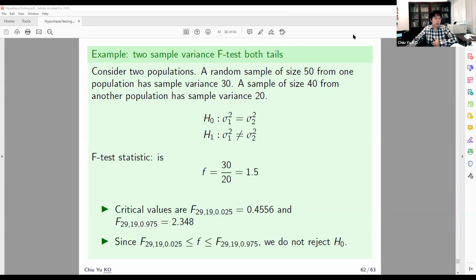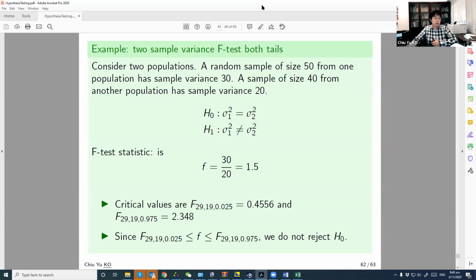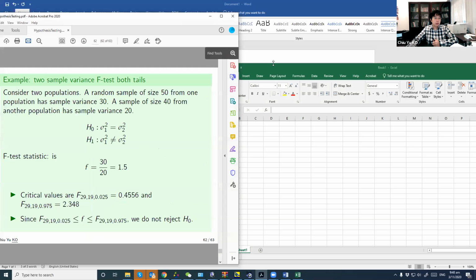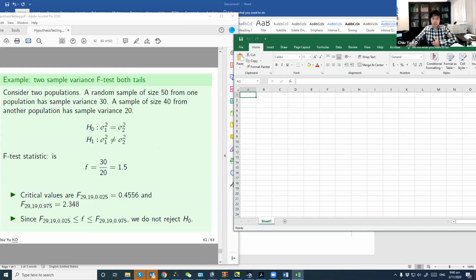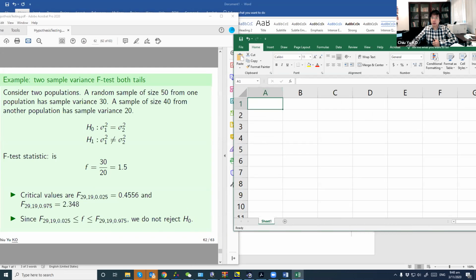I guess I can share the screen. So here, let me zoom in. Just to recall, we have a typo here. We are going to look at 49 and 39.